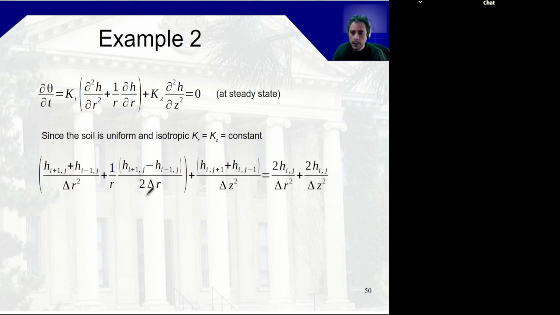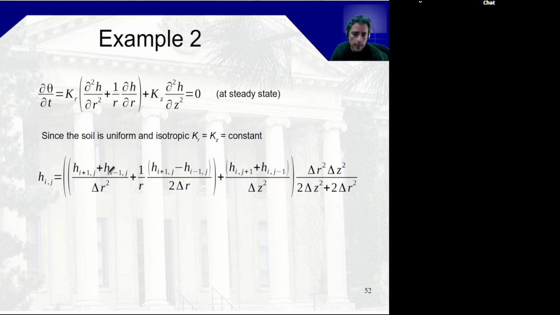So now we can regroup our terms, so we don't necessarily have the same spacing in the radial and the vertical direction. Okay, but we can regroup the Hij terms and the terms that are on the neighbors in this way.